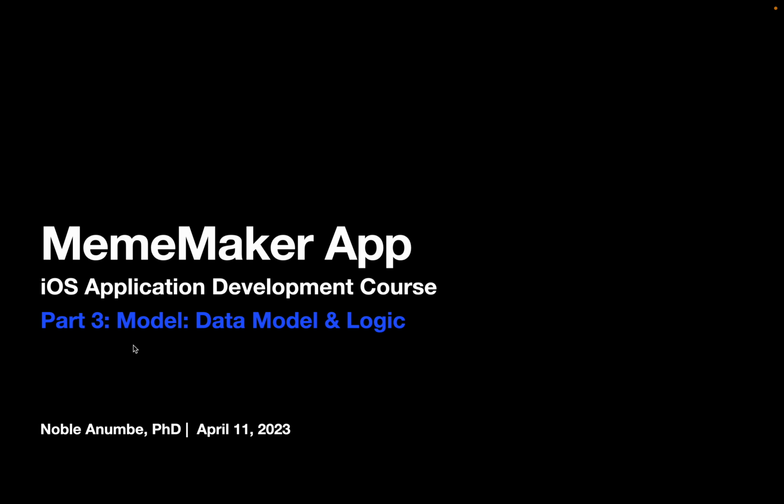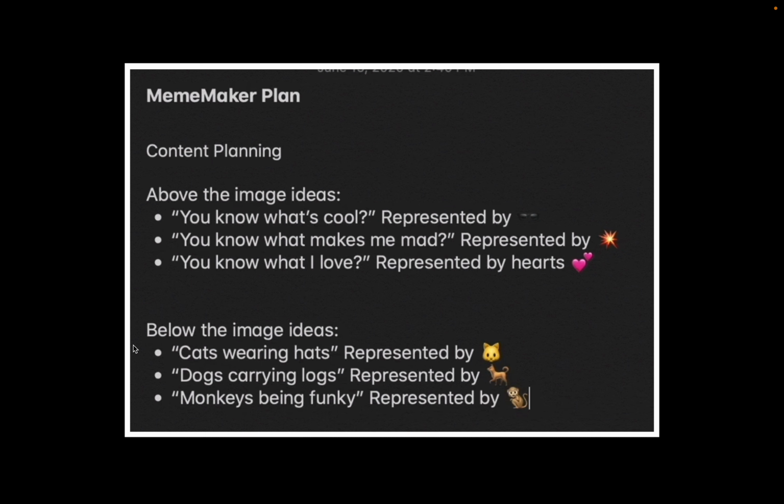Now, as part of the video, one of the things we did in the beginning was some kind of planning, where you were supposed to come up with some ideas of what you're going to have in your MemeMaker at the top and the bottom, some text that you would want to include there.